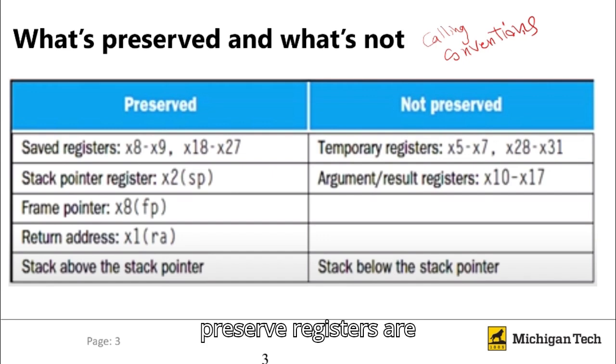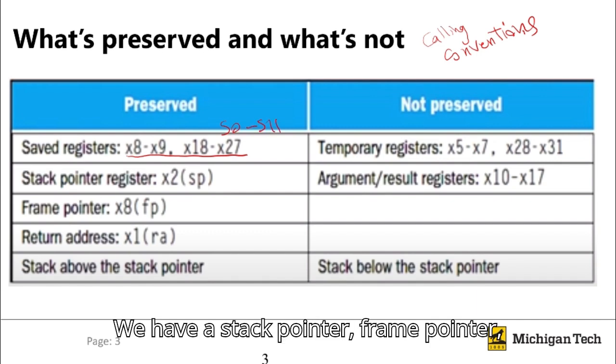Preserved registers are the registers that must have the same value after a function call. So these registers are mostly saved registers. We also call them S0 to S11.